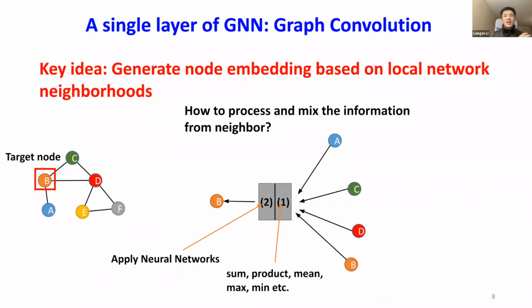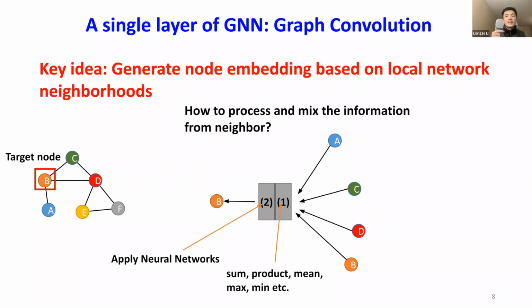We can take what we're doing in neural networks in general and apply it to graphs, right? If we have a linear layer, we apply some sort of linear combination on the input features, and then we apply some sort of nonlinear activation that makes the network interesting, right? So we can do the same thing here.